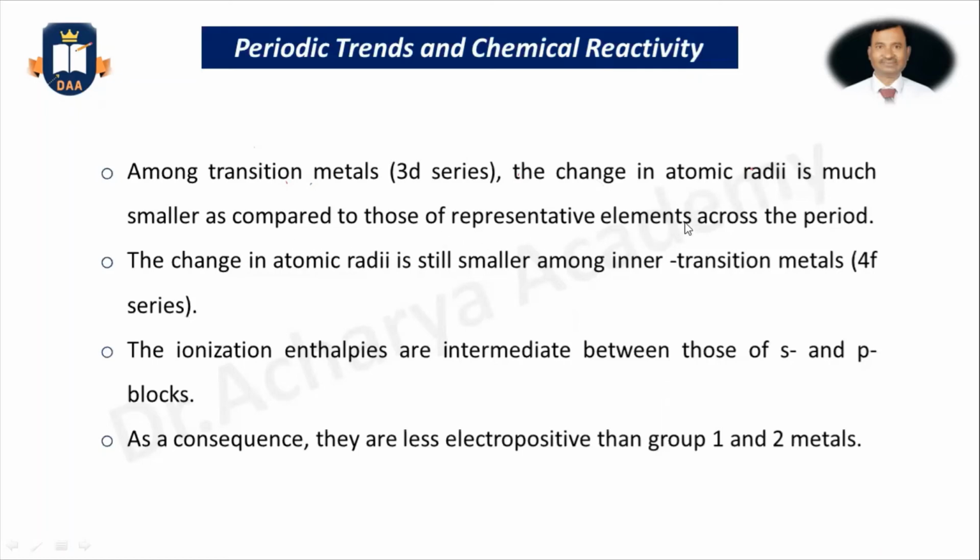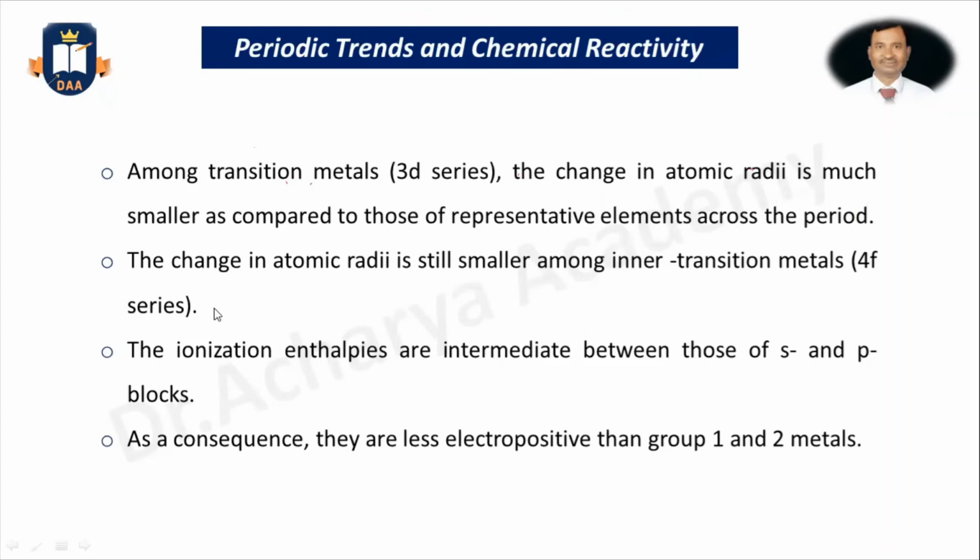Representative elements means those belonging to group numbers 1, 2, 13, 14, 15, 16, 17 and 18. The change in atomic radius is still smaller among inner transition metals, the lanthanides and actinides series, which we know is the 4f series.